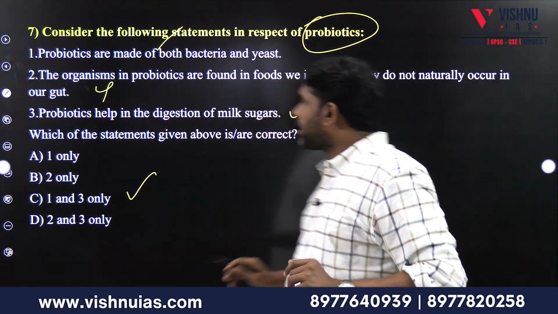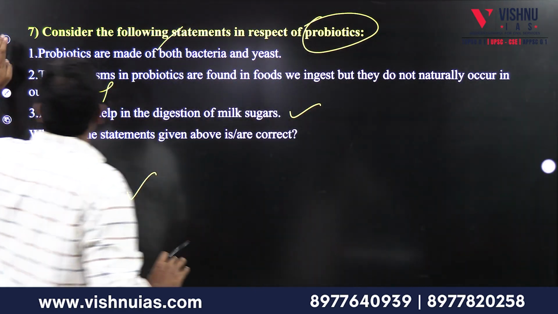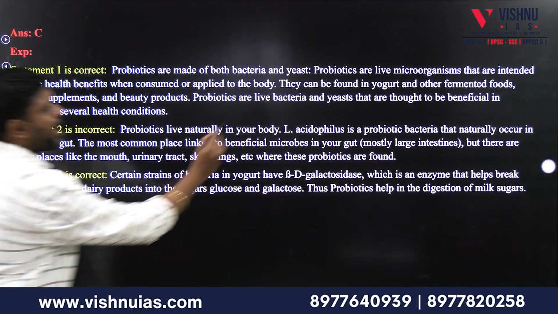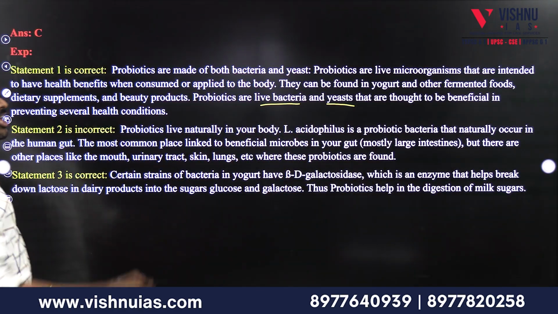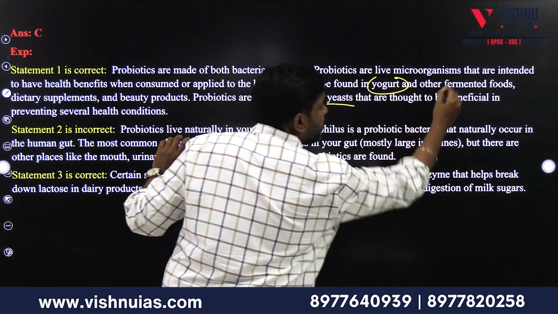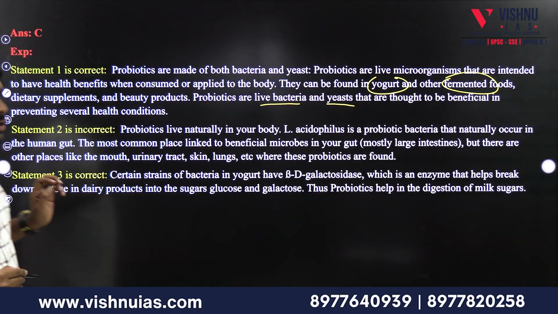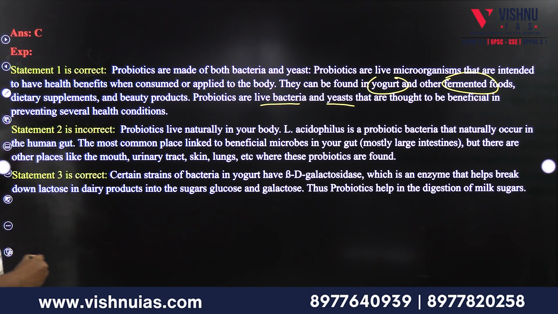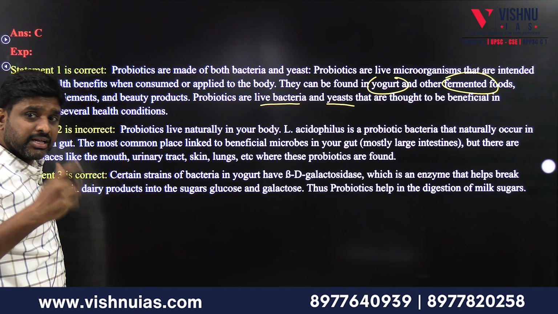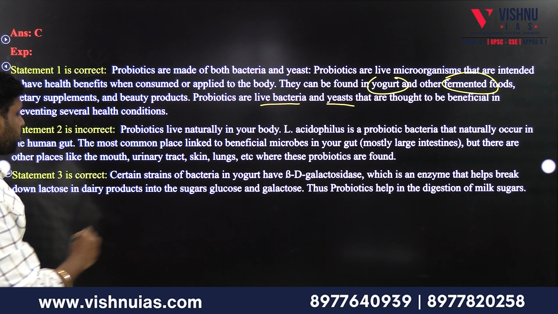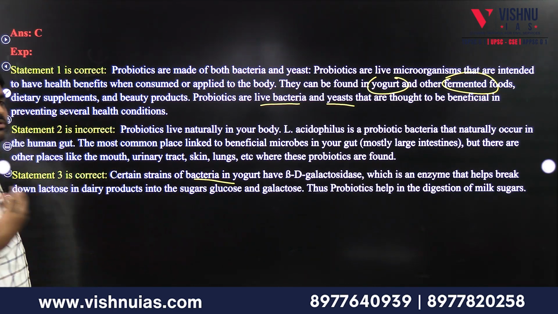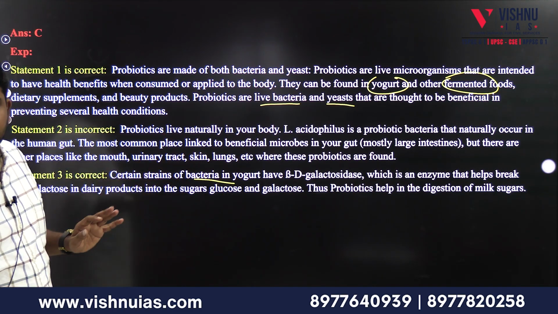Generally probiotics are live bacteria and yeast. They are found mainly in yogurt and fermented foods. They are naturally present in our body and also enter through ingestion. There are certain strains which help in digestion of milk sugars.